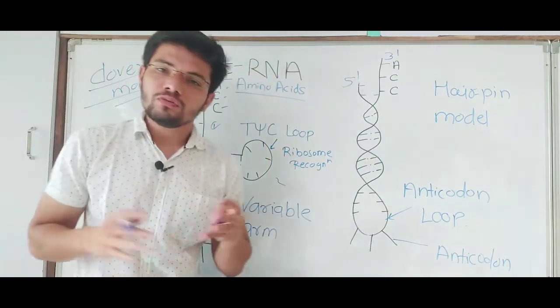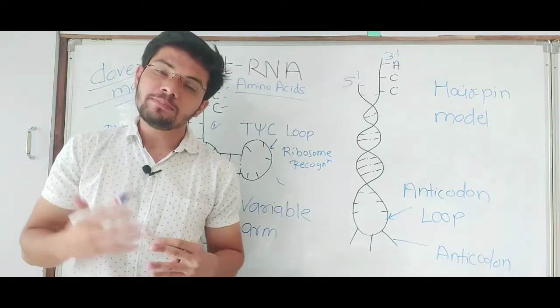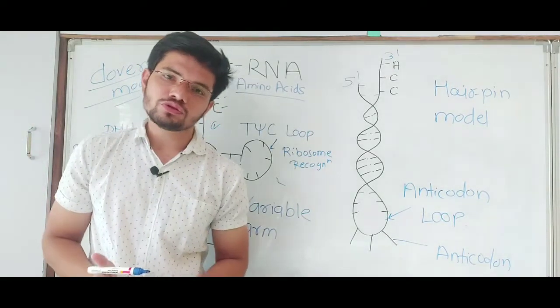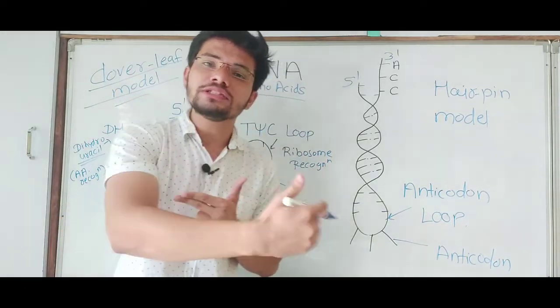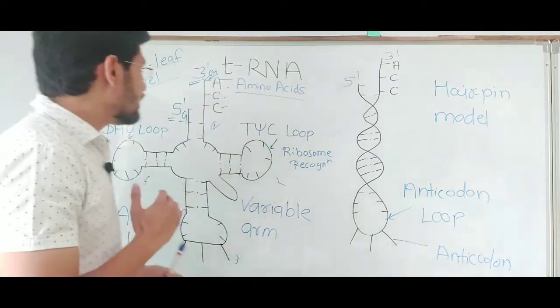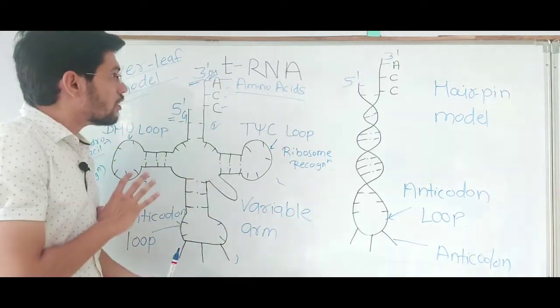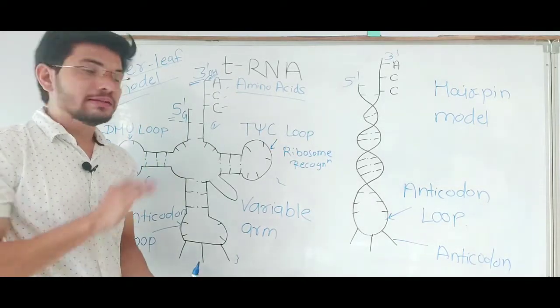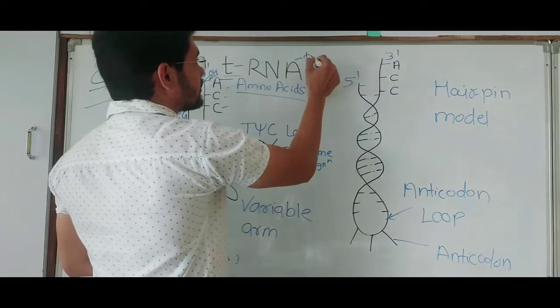Okay, so we all know the function of tRNA. It transfers the amino acids and brings them to the site of ribosomes, where they will get joined to each other and make the whole chain of amino acids. So bringing amino acids to the ribosomes is the main function of tRNA. That's why we call it tRNA or transfer RNA.